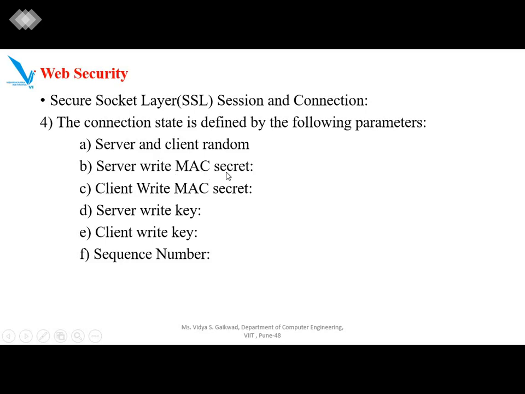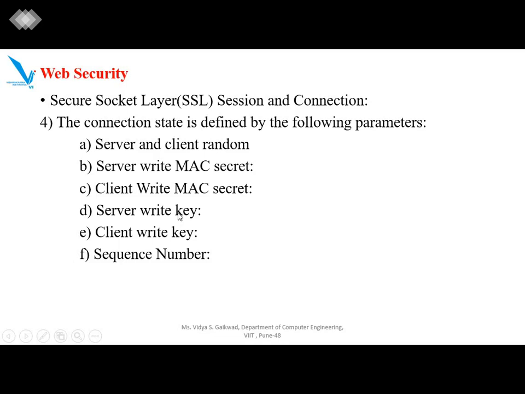Next, server write MAC secret. It indicates the secret key used by the server for data write. Client write MAC secret. This indicates the secret key used by the client for data write.